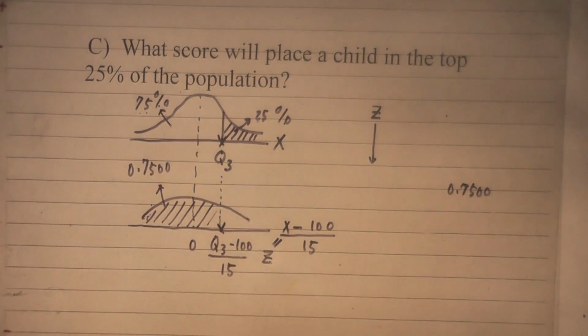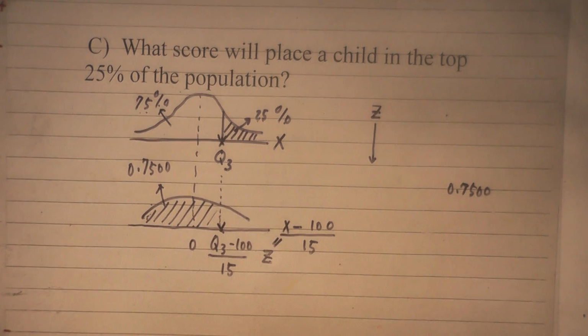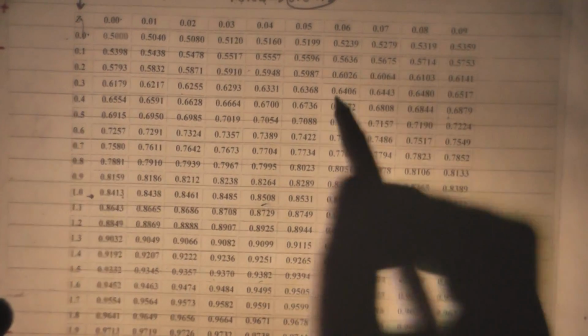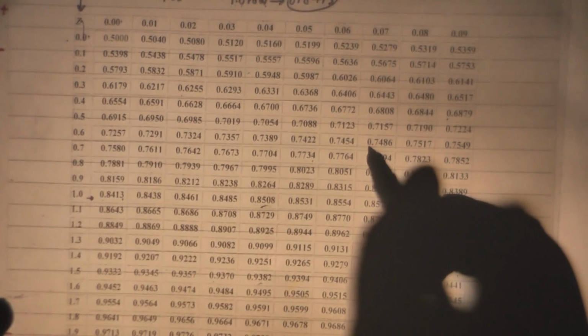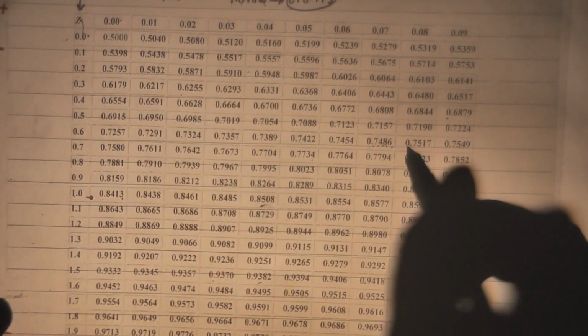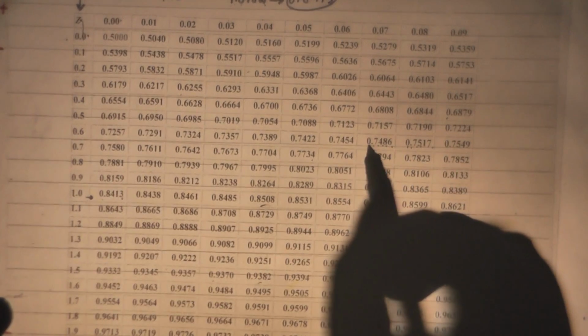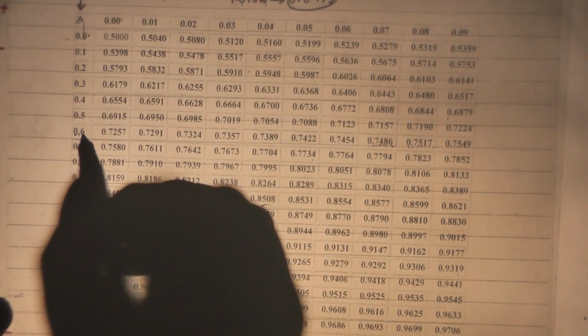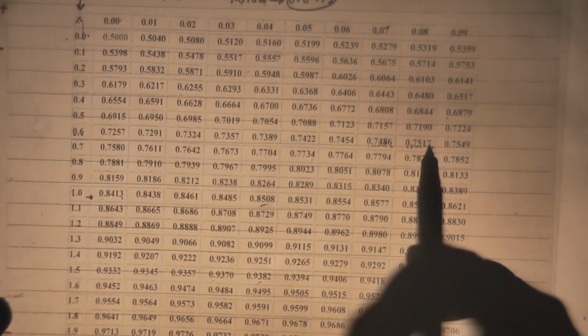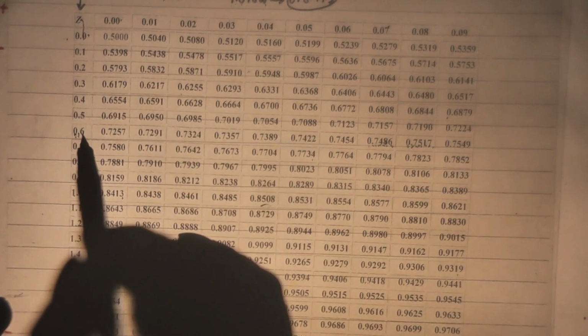What you find in the table is the closest numbers to 0.7500, which are 0.7486 and 0.7517. 0.7486 corresponds to a Z-score of 0.67, and 0.7517 corresponds to a Z-score of 0.68. Okay, let me rewrite this on our transparency here.